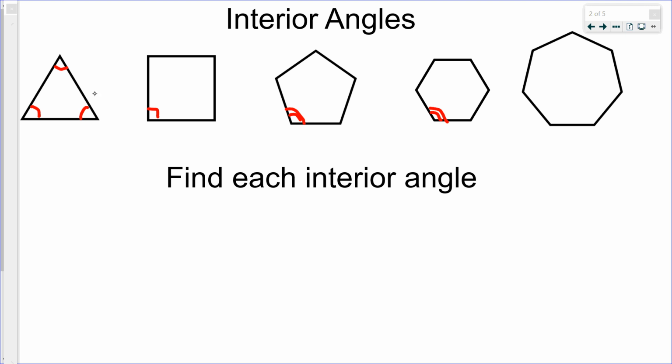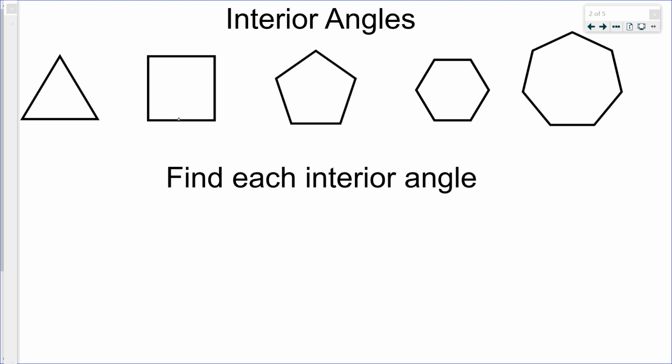Now, if it's a regular figure, we can actually find out how big these are. Like I just did in the square, I put 90 degrees because all of us kind of know that one. But if it's a different shape, when we get to pentagons and hexagons, we can see they're all supposed to be the same, but how big are they? Well, what we worked on before is we can find the sum of all of them, whether it's regular or not regular.